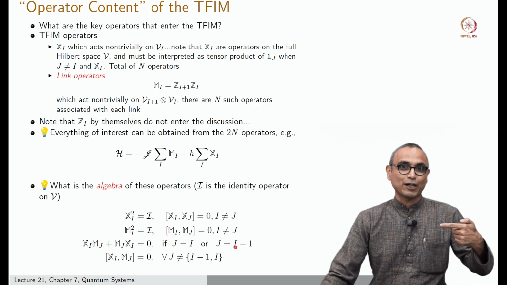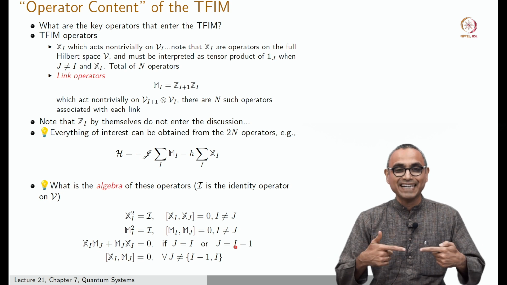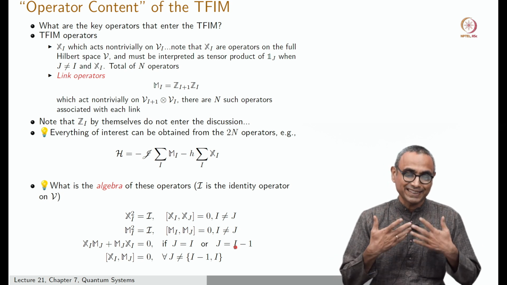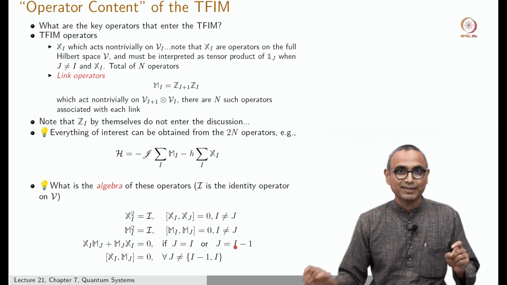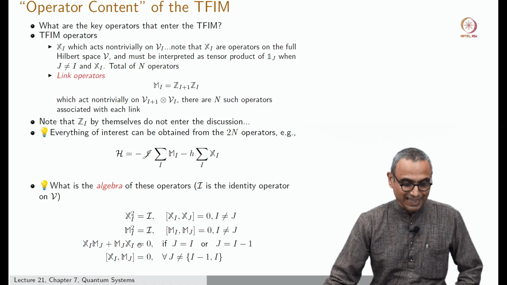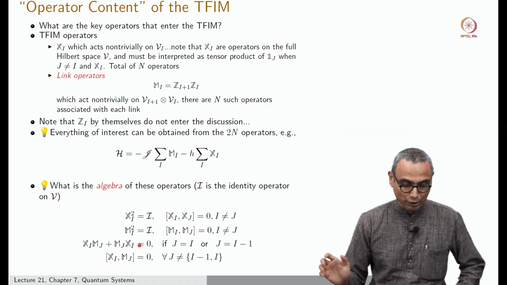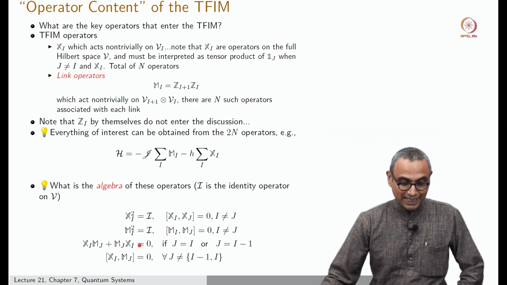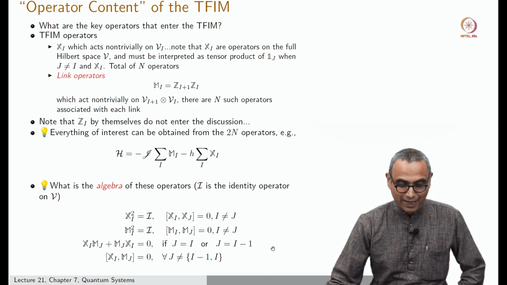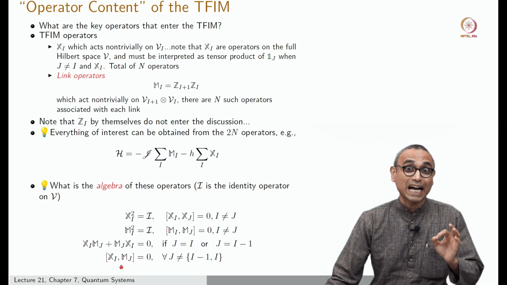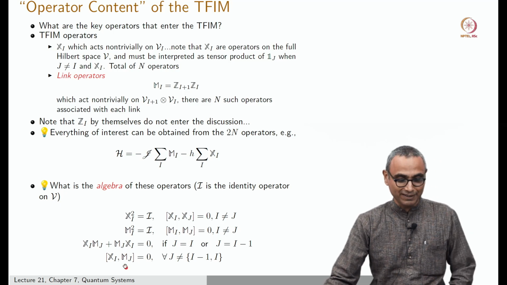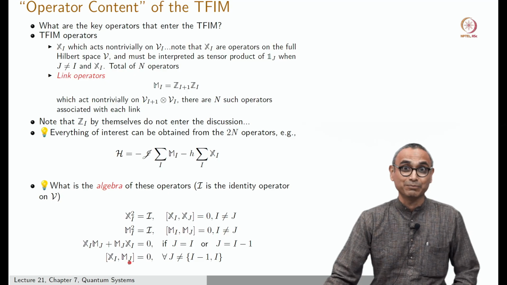That is because the link i minus 1 and the link i have a common site, which is the site i, and therefore this x_i will anti-commute with those link operators. If j is not i or i minus 1, then x_i will commute with m_j.